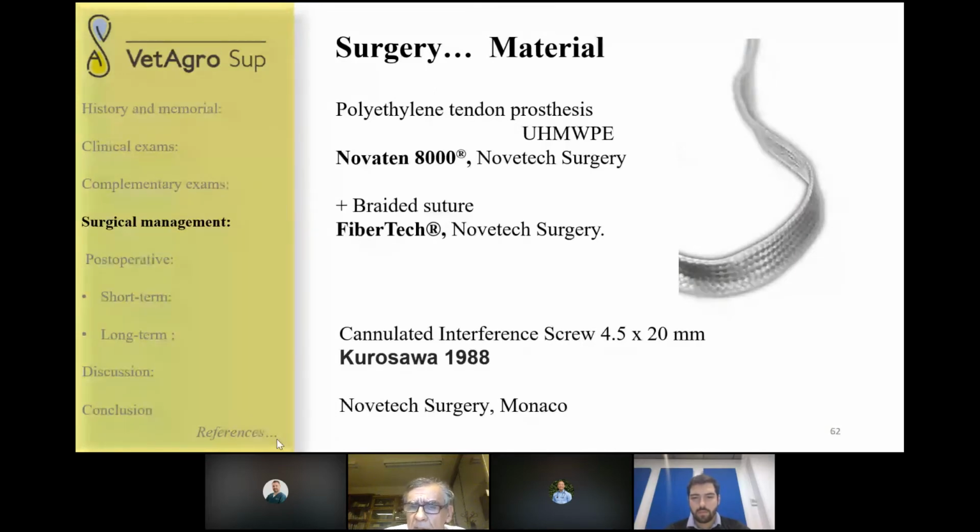These interference screws have been developed by Kurosawa. Kurosawa was an orthopedic human surgeon who developed this interference screw. And really, next slide, please.